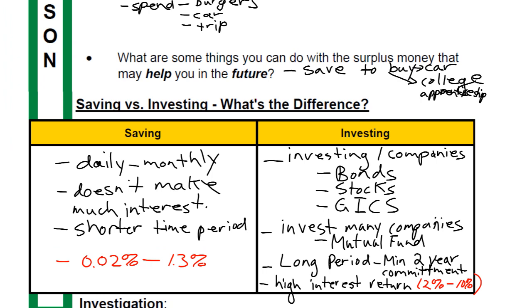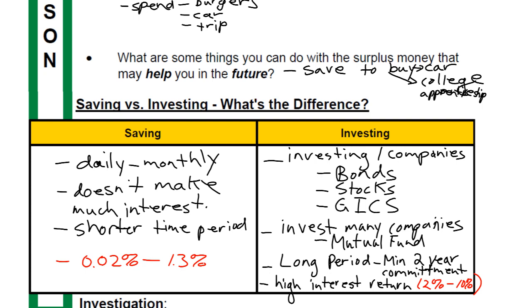Now, when you hear the term bond, think of a bond as an IOU between you and a company. After a certain amount of time, they give you a certain amount of money back as a percentage increase. Stocks are just pieces of a company that you own, and the value of the stock will increase, which means that you will increase your savings.